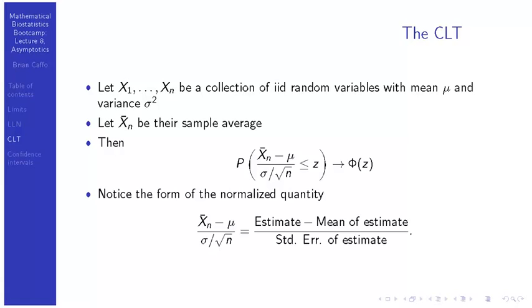It's Xn bar, an estimate, minus the population mean of the estimate, divided by the standard error. And this is something that you can practically bank on: if you take any statistical estimate based on IID data and subtract off its population mean and divide by its standard error, that quantity is most likely going to wind up limiting to having a standard normal distribution.